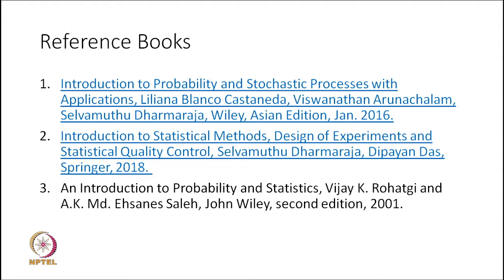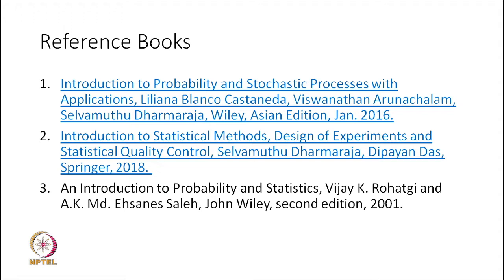In that book, you can see the material on the first 8 topics or 8 modules for the introduction to probability theory. So, this first book covers the first 8 topics or 8 modules of this course, introduction to probability theory and statistics.